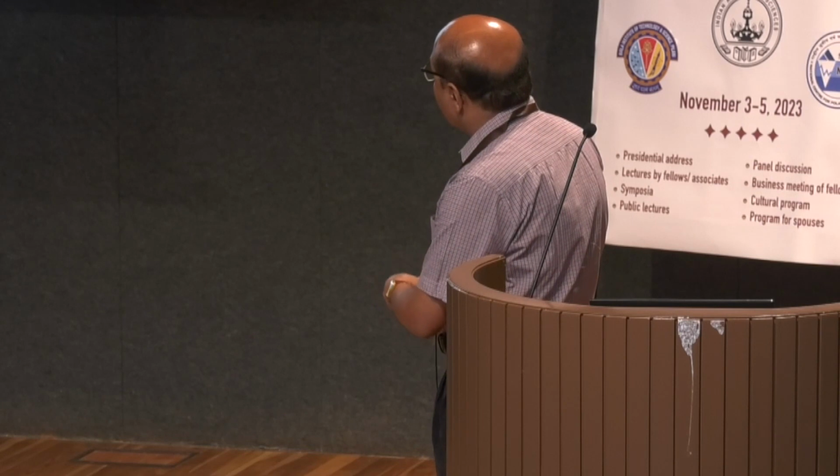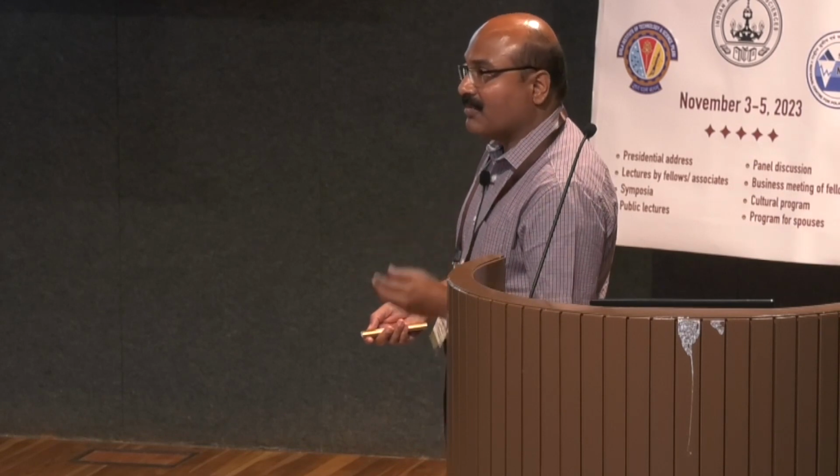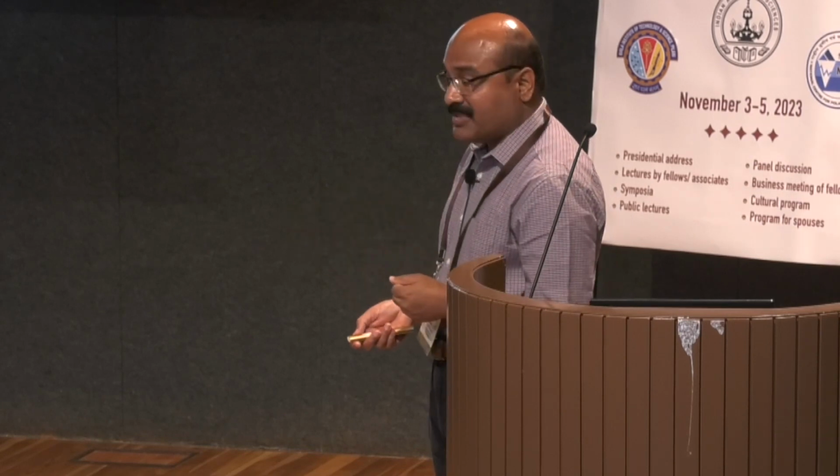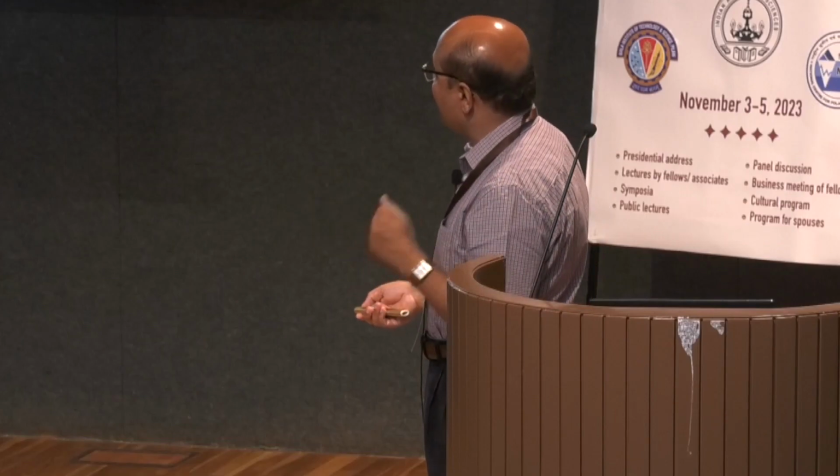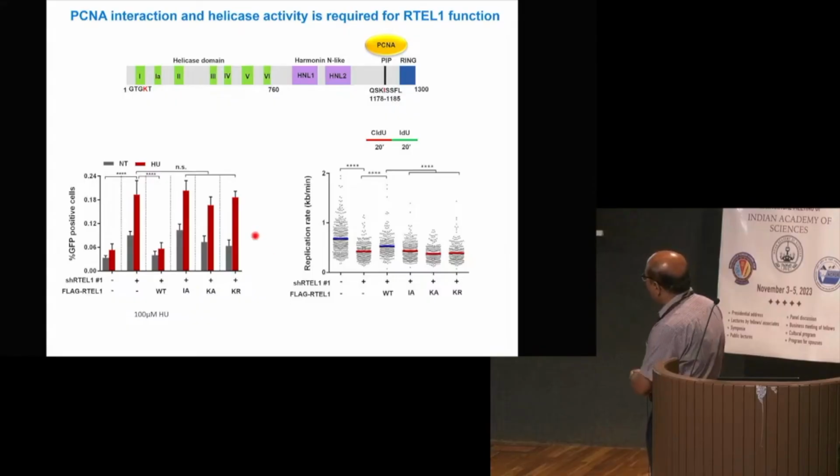We also wanted to understand the helicase function of RTEL1 in suppressing homologous recombination during DNA replication. For that, we made two mutants, lysine to alanine as well as lysine to arginine, in the Walker A motif, which is required for ATP binding as well as ATP hydrolysis. Again, these Walker motif mutants are defective in suppressing the hyper HR in cells.